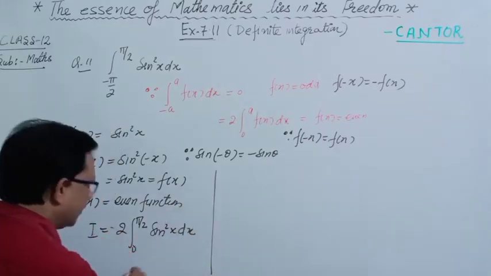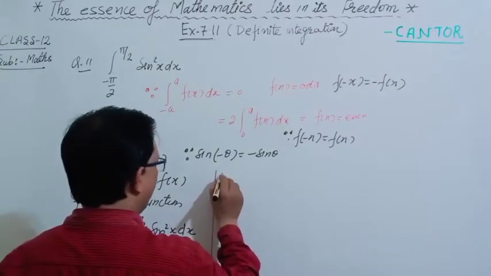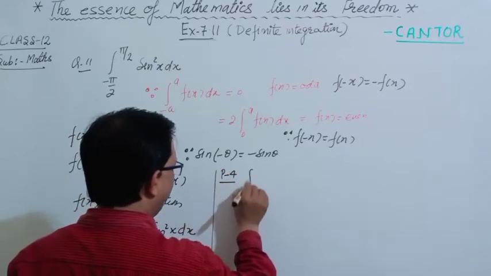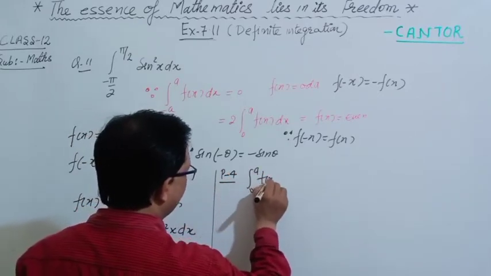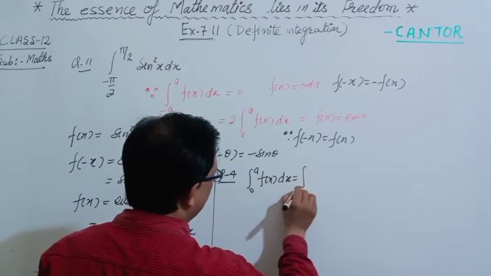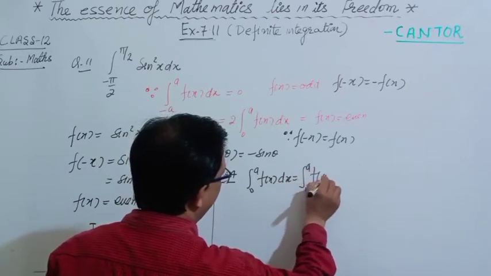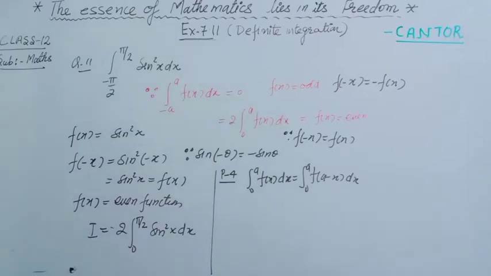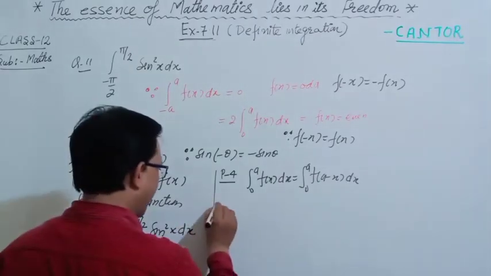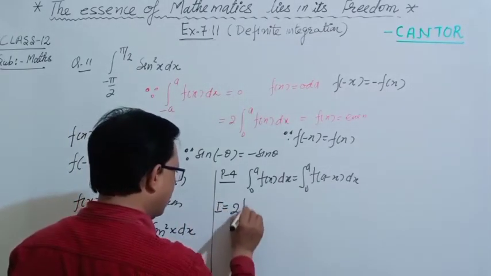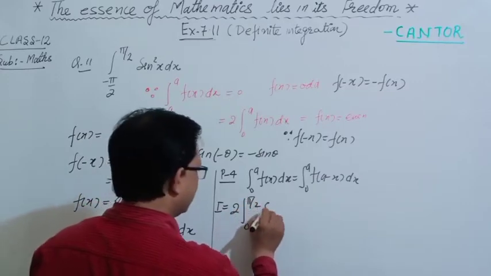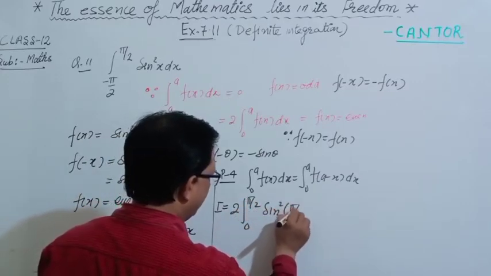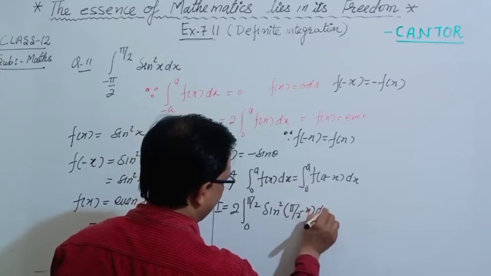So here we apply property 4. By property 4 we write 0 to a f(x) dx is equal to 0 to a f(a minus x) dx. This is your property 4. So I is equal to 2 times 0 to pi by 2 sine square (pi by 2 minus x) dx.